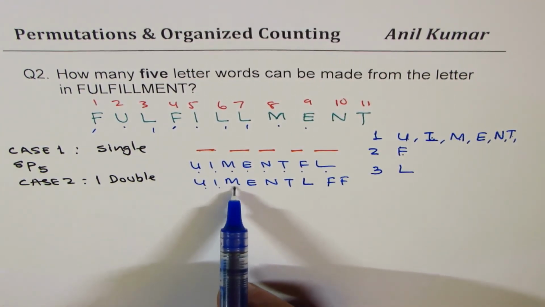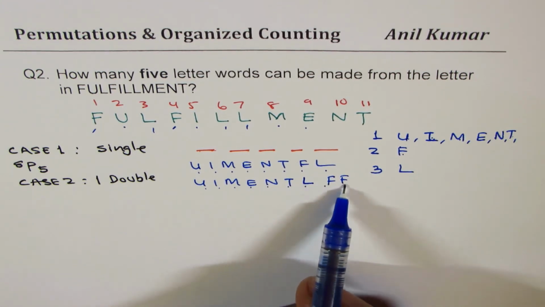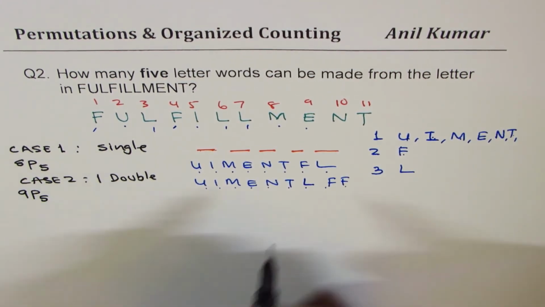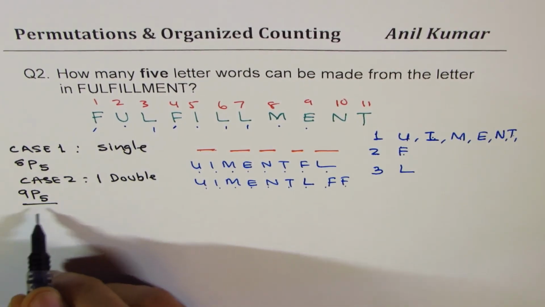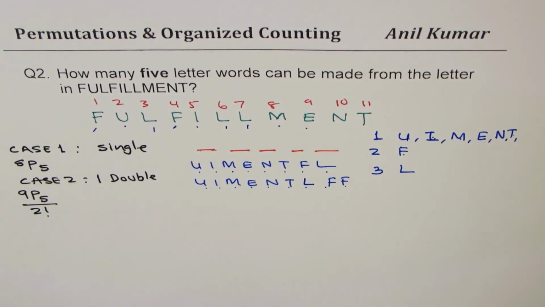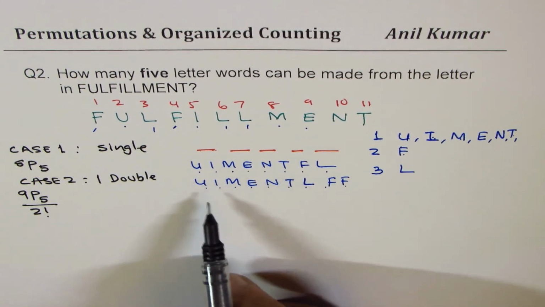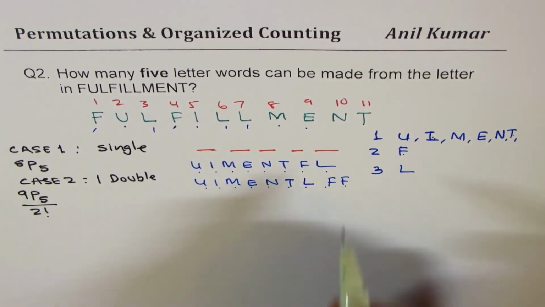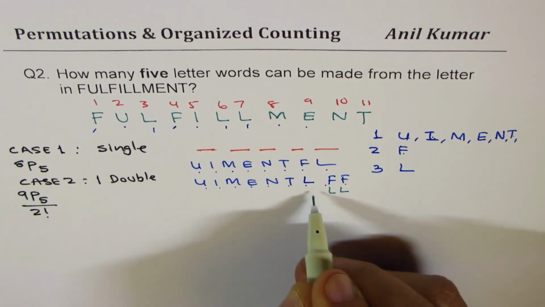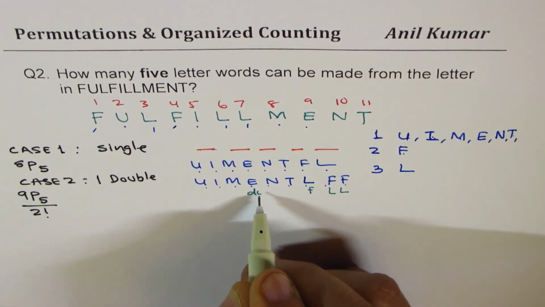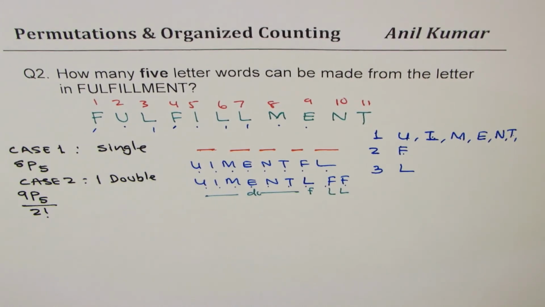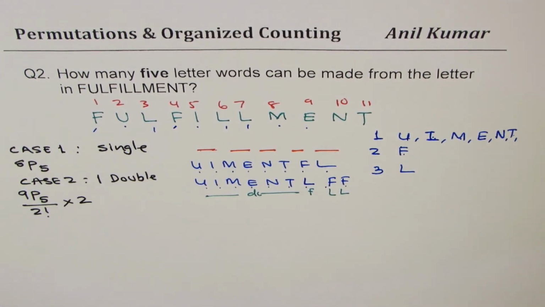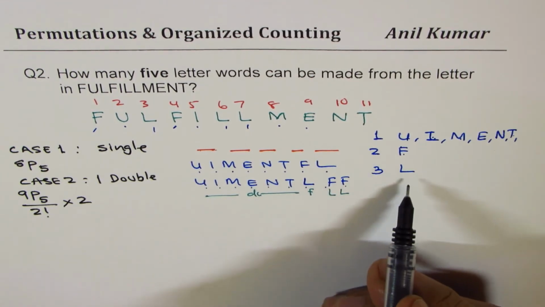That means we have 9, so 9P5. Since we have 1 double, we'll divide by 2 factorial. Now, we could make this double combination with 2 L's also, so we could have 2 L's and an F, and this remains the same. So I should multiply this by 2. Correct? So that is with doubles.